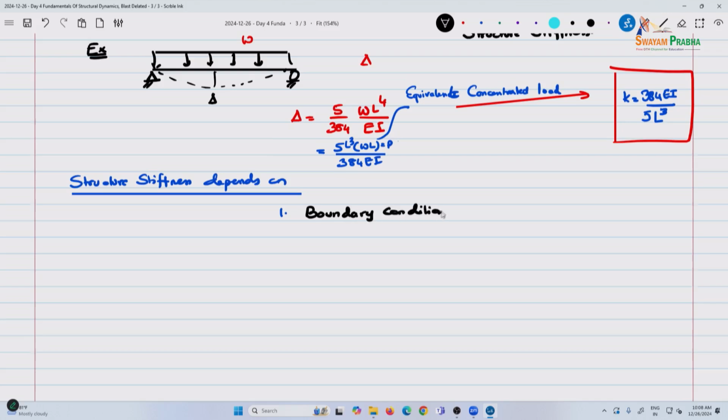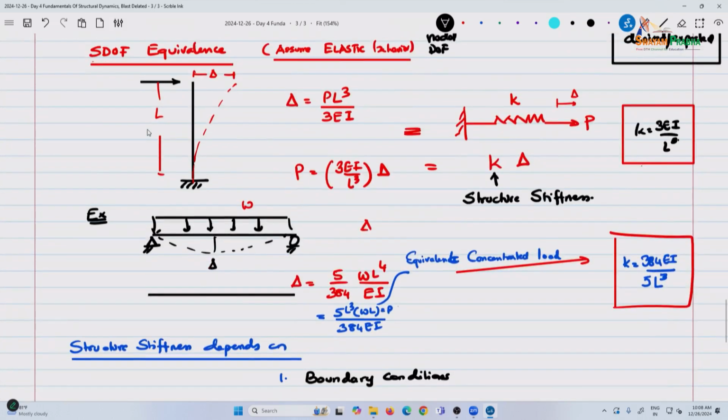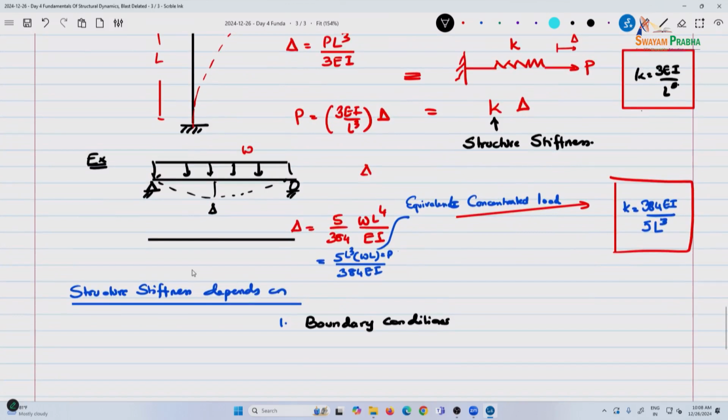So you can see, if I take the same thing and change the fixities to something like this and apply the same load, I don't have an analytical expression memorized, but the deflection equation is going to be different, that's not going to be 5 by 384. So irrespective of the loading, boundary conditions play a role.